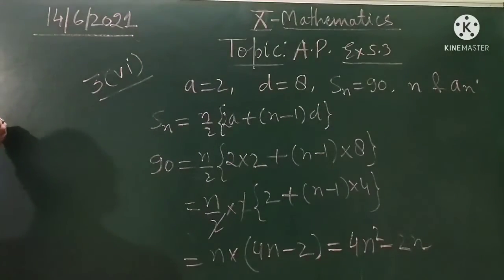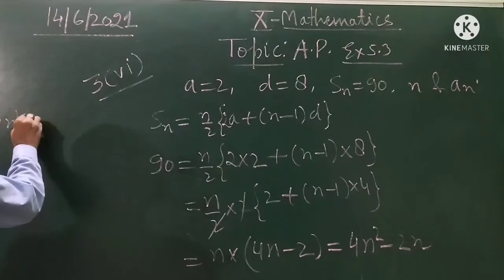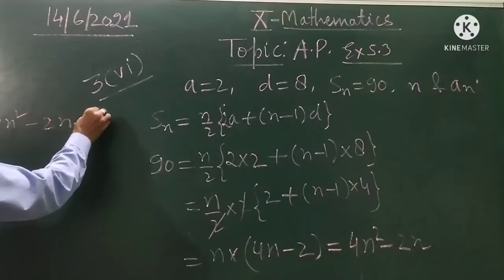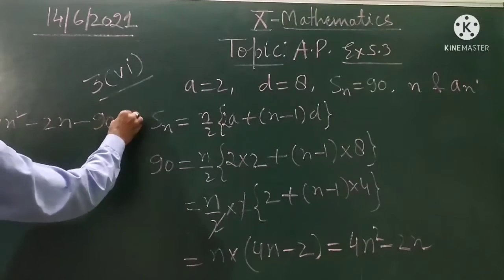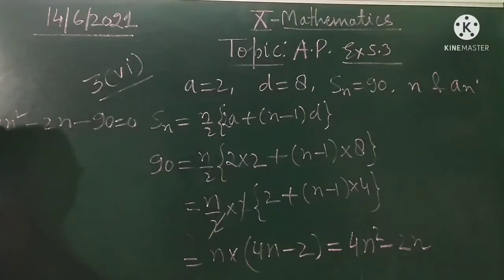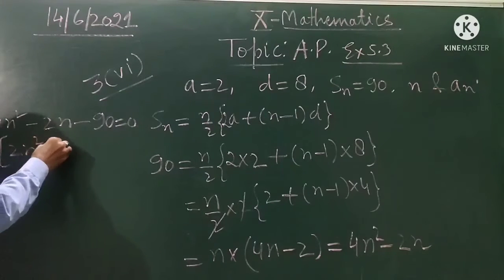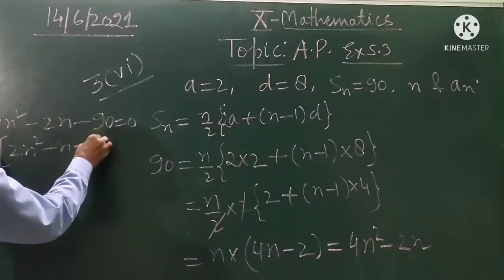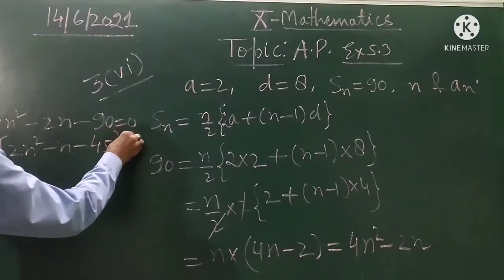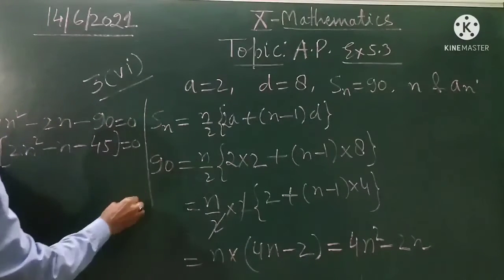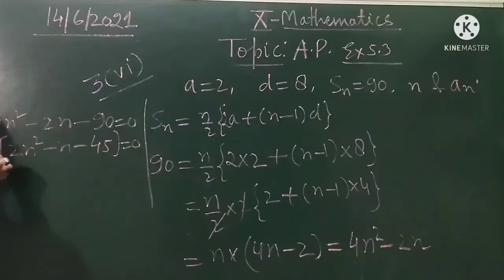Therefore, equation becomes 4n square minus 2n minus 90 equal to 0. Student, 2 is again common. So it is 2n square minus n minus 45 equal to 0. 2 cannot be 0.